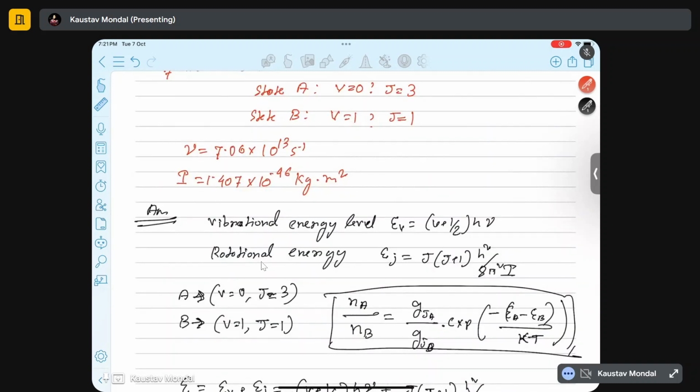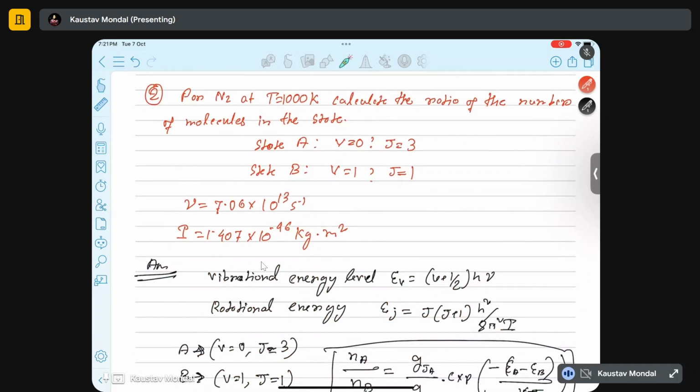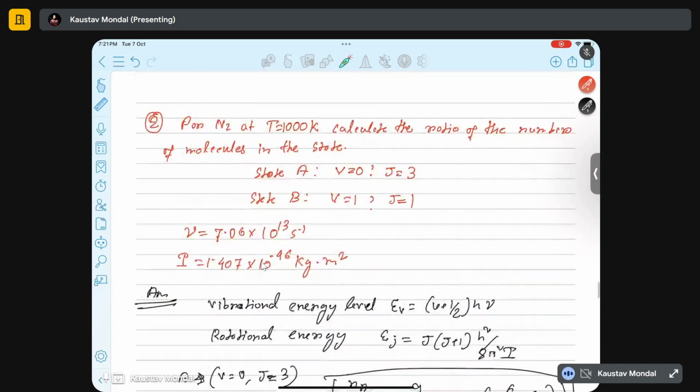Okay, so let me just briefly discuss what we have done in the problem. For a nitrogen atom, at 1000 Kelvin temperature, we have been asked to calculate the ratio of the number of molecules between two states.